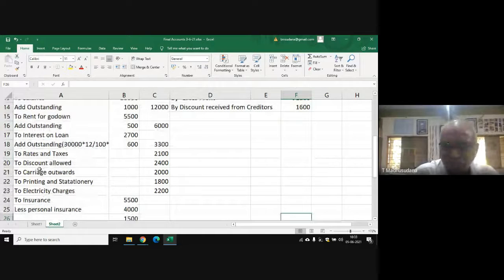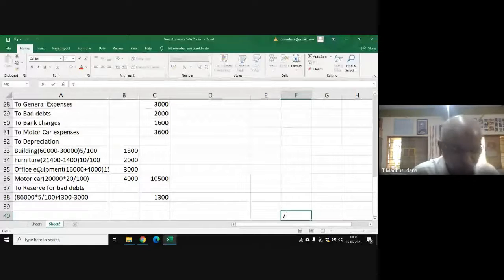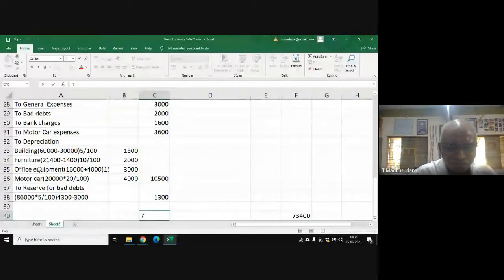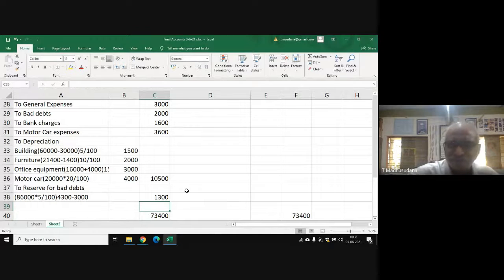Now you balance the profit and loss account. So the total on the credit side is 73,400, so the same amount is to be written here, 73,400. The balancing figure is net profit. That means if you add all these things in the outer column and deduct from 73,400, you will get 18,400.